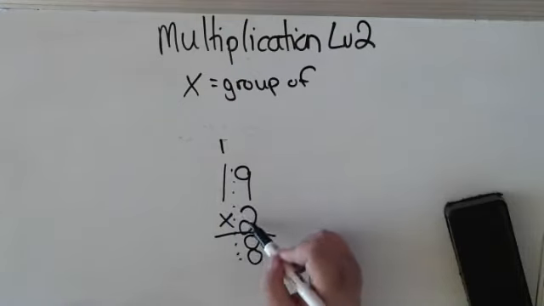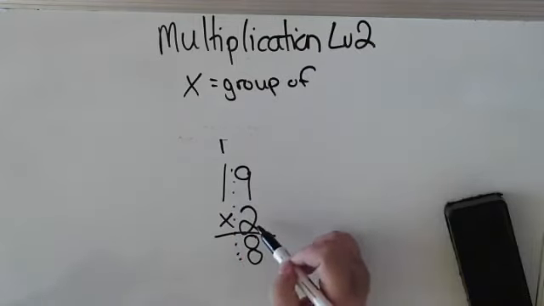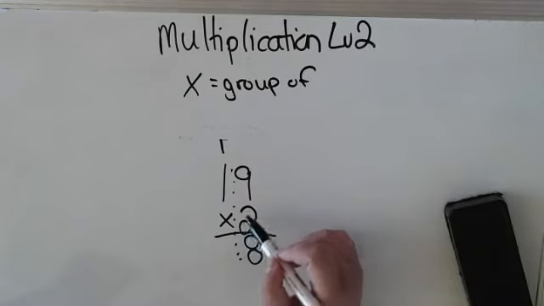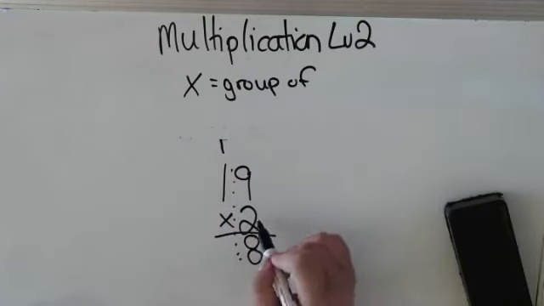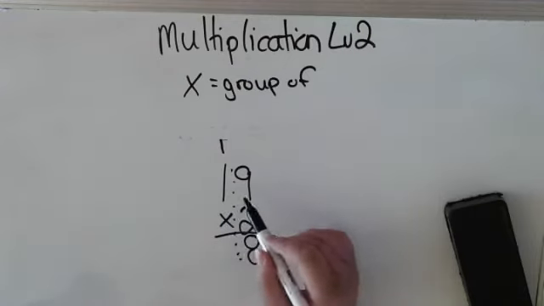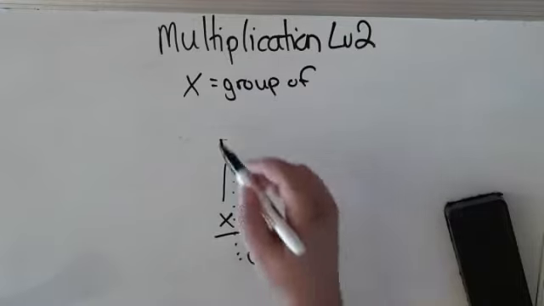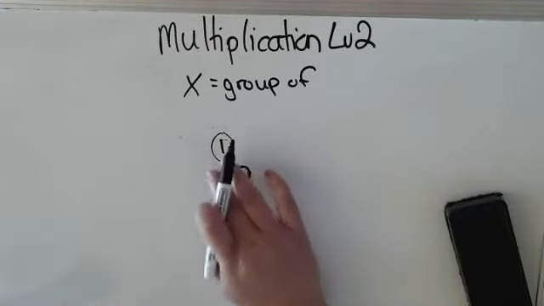So 2 times 10 is 20. Or if you want to think of it as 2 times 1, if that's easier for you, you can think of it that way as well, but you just need to remember that this is in the tens column. So 2 times 1 is 2, or 2 times 10 is 20. But I still need to put this into here.